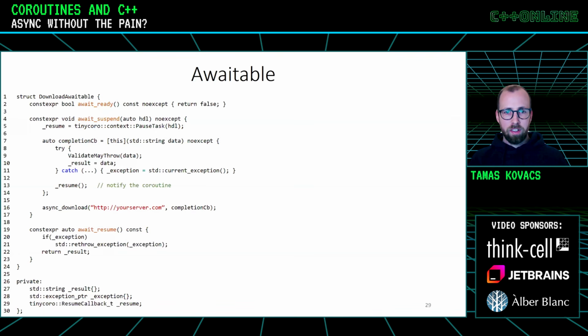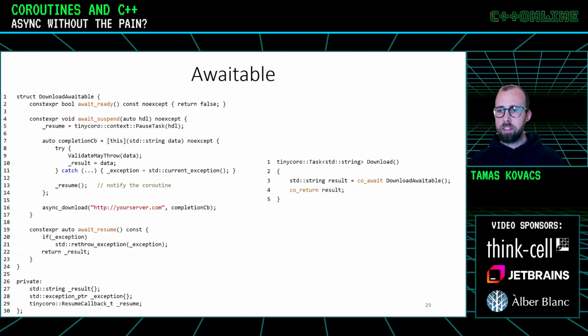Last but not least, we have await_resume. If an exception occurred, we are rethrowing it, otherwise simply returning the result. That's it. This looks like a lot of code, but conceptually it's very, very simple. And from the caller perspective, this now behaves like a normal function call, but it is completely non-blocking.